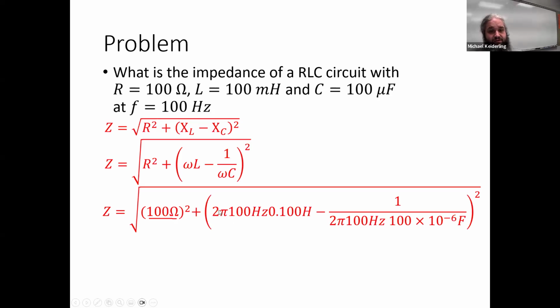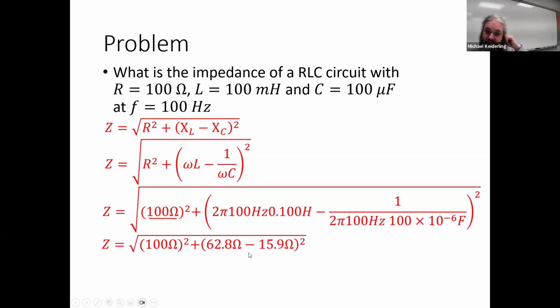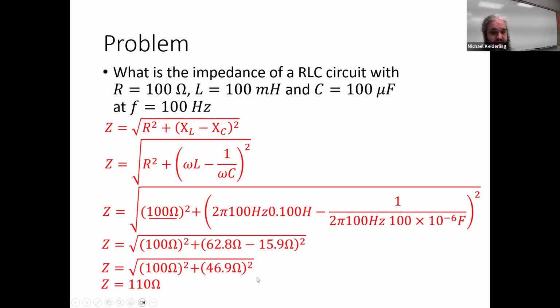So that's 100 ohms squared plus, with omega being 2 pi times 100 hertz, times 0.1 henries, minus 1 over 2 pi times 100 hertz times 100 times 10 to the minus 6 farads, which ends up being 100 ohms squared plus 62.8 ohms minus 15.9 ohms quantity squared. So 100 ohms squared plus 46.9 ohms squared, which comes out to 110 ohms.